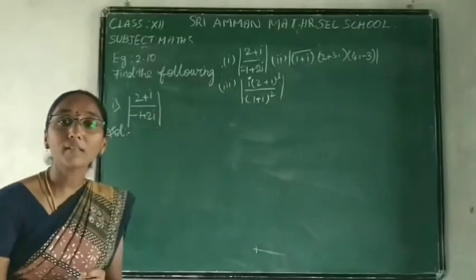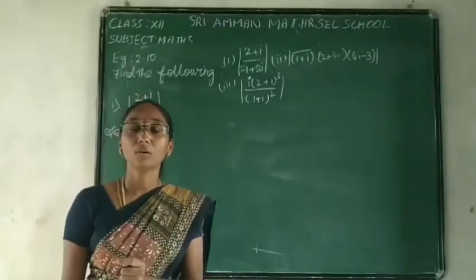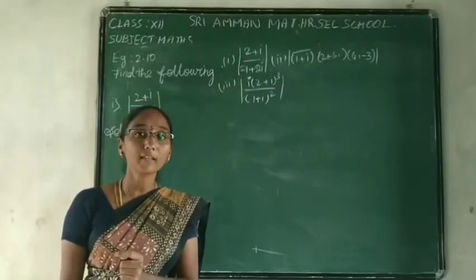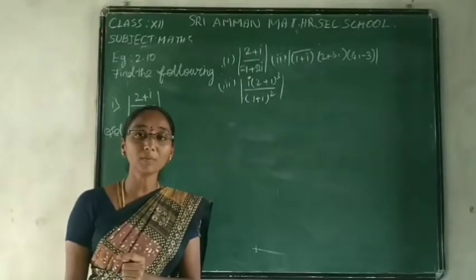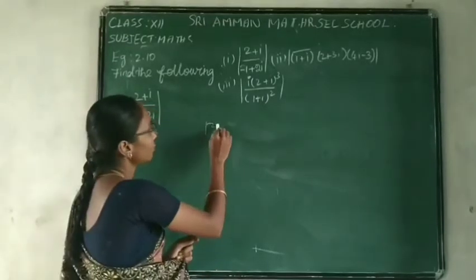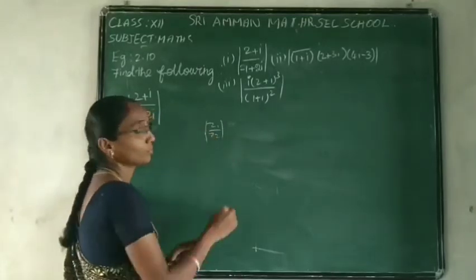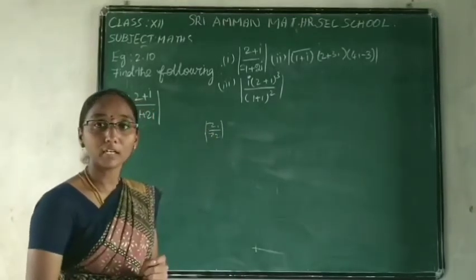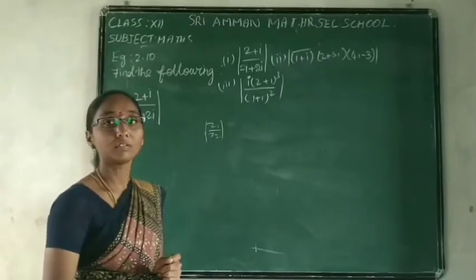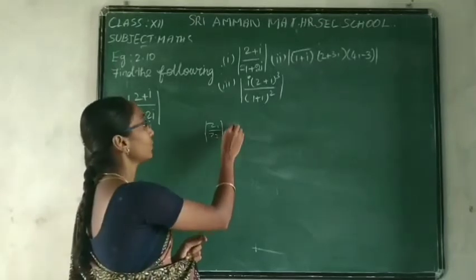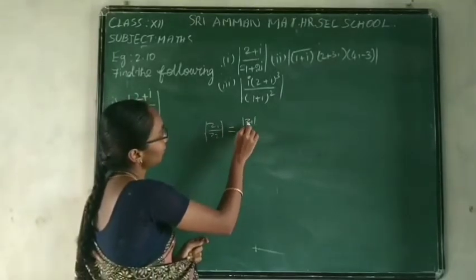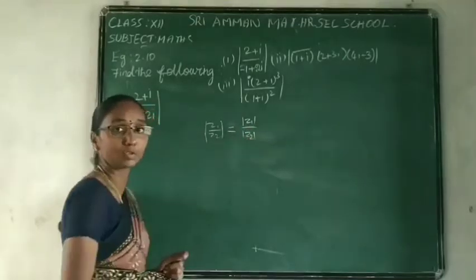So modulus of z1 by z2, what is the value? Less than or equal to, or greater than or equal to, does not come in this case. It equals modulus of z1 divided by modulus of z2.